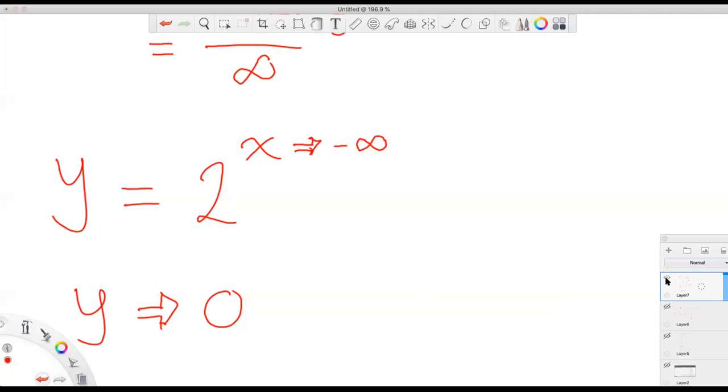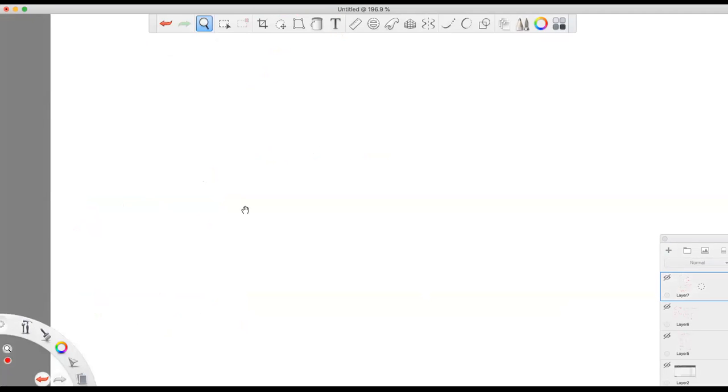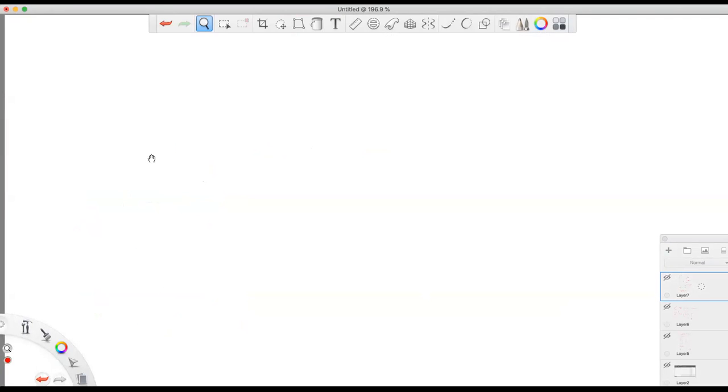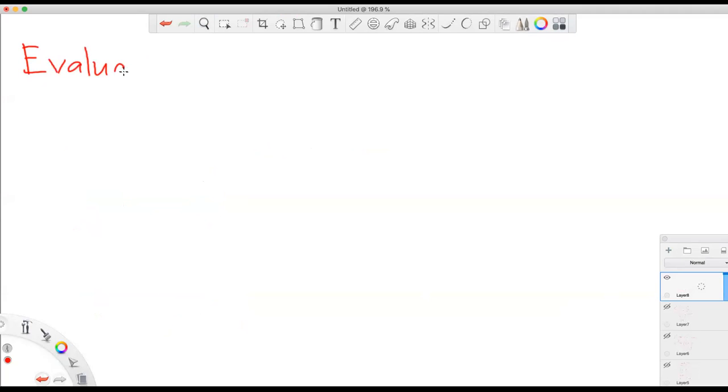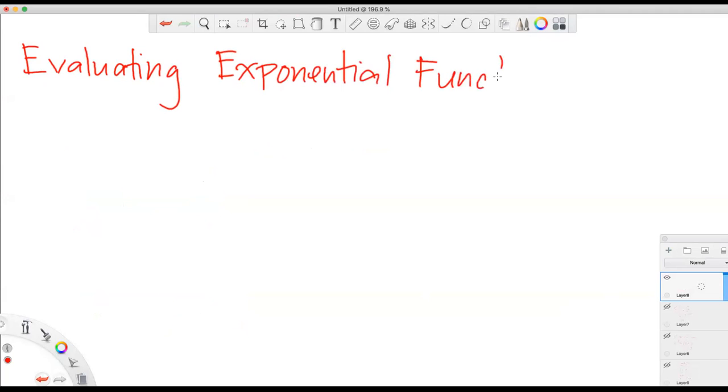Let's have a new layer for this. We will go to evaluating exponential function.